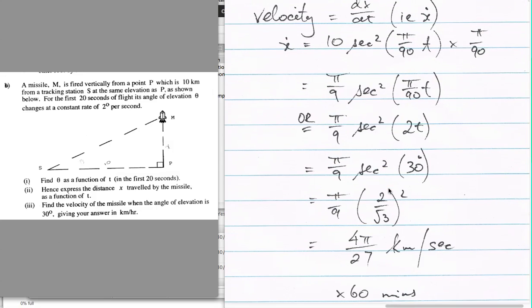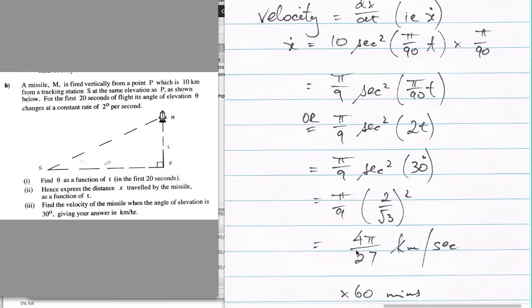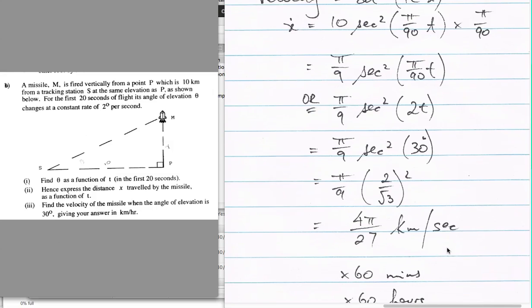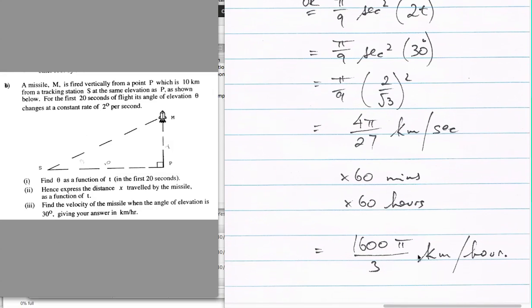That's a really tricky step, which gives me this. Now don't forget, we're still working in kilometers per second, so times by 60 to give minutes and 60 to give hours gives me a final answer of 1600 pi on 3 kilometers per hour.